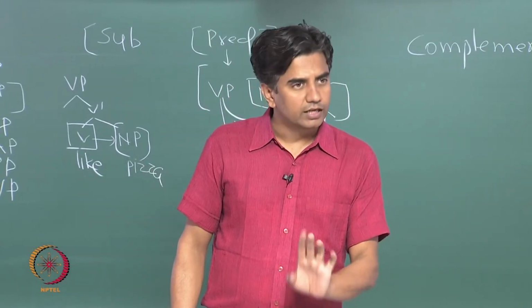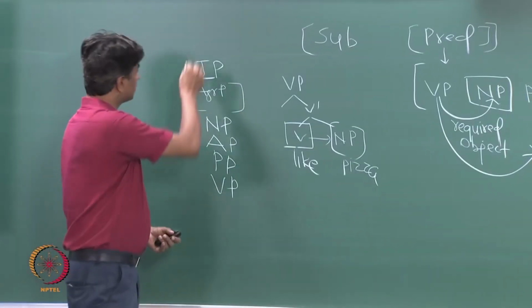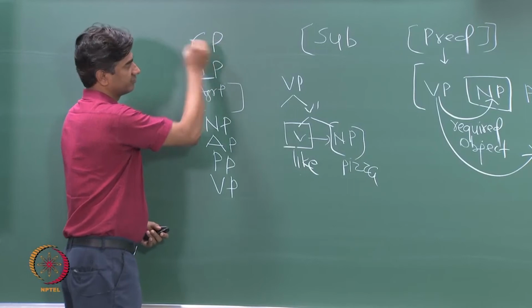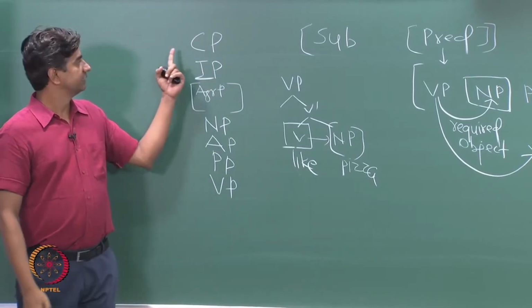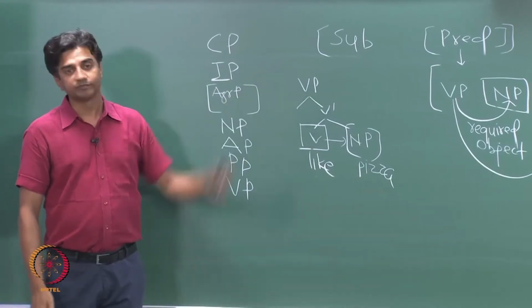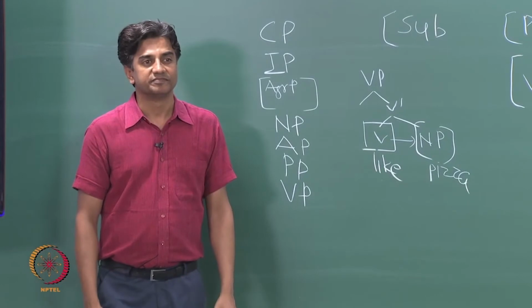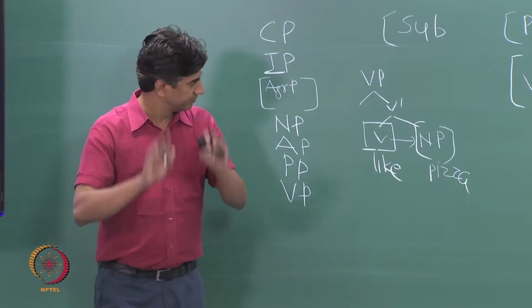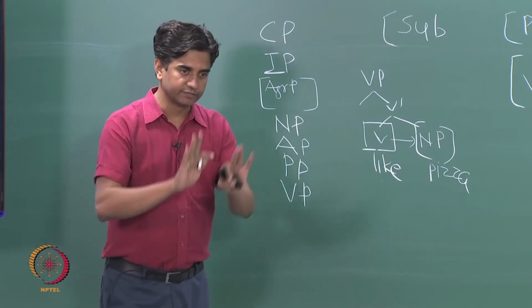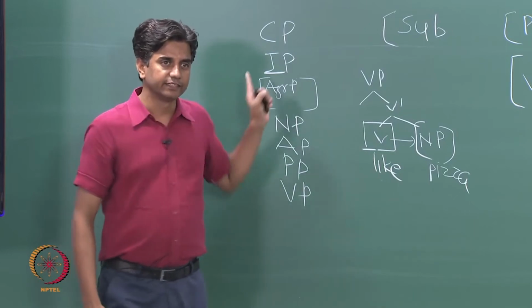Okay. Now, with this kind of thing, there is something else which is called, what is that? If I just put this thing, complementizer phrase. Okay, complementizer phrase, and I do want to move on with this thing.